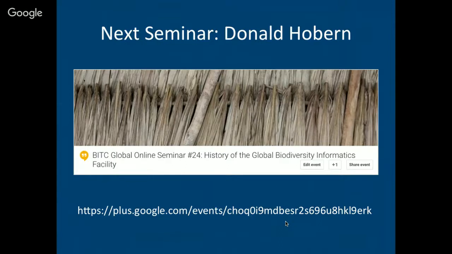GBIF is the largest data aggregator in existence, 640 plus million records online and available to you right now. So this is a massive effort, and Donald has graciously assented to give a seminar on this topic.